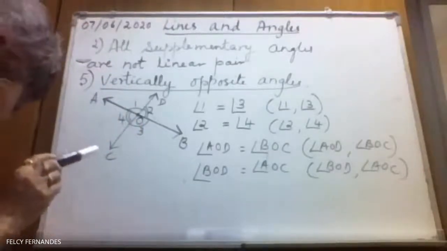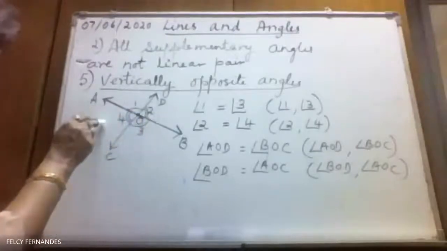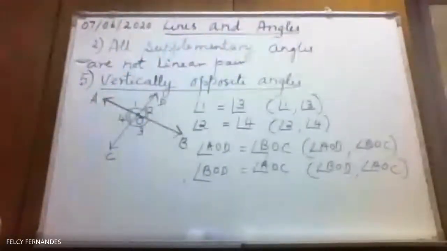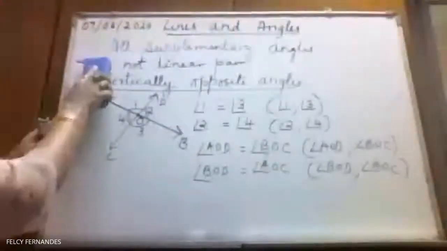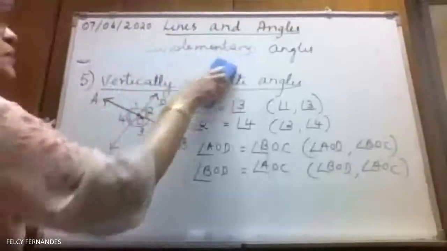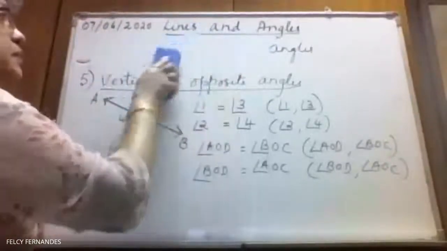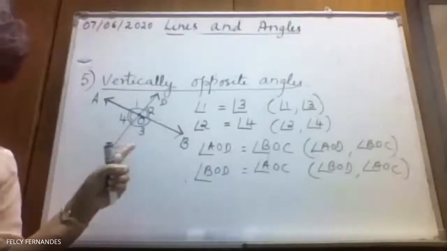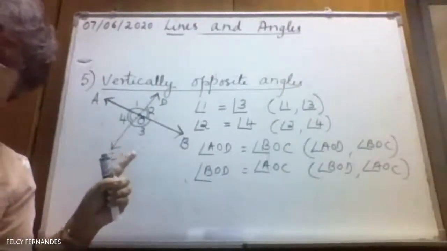And for equal angles 2 and 4, I have drawn two arcs. I hope it is done, and whenever you draw the diagram, use scale and pencil.